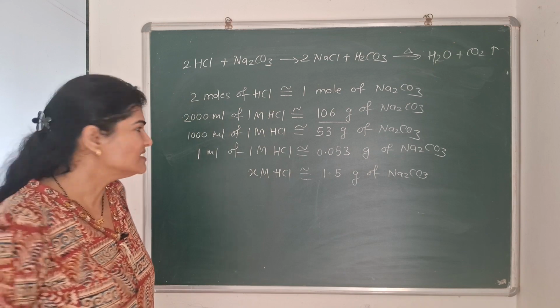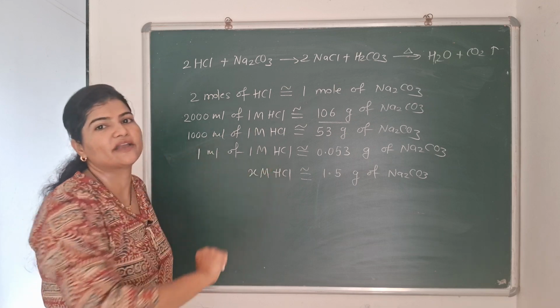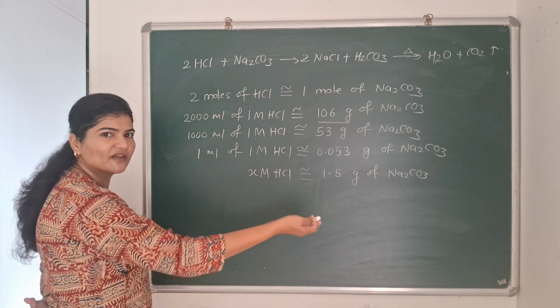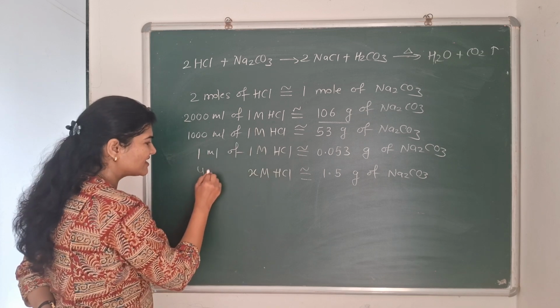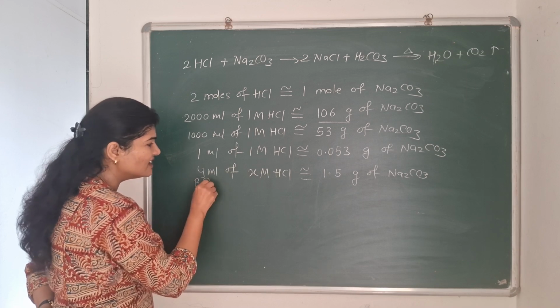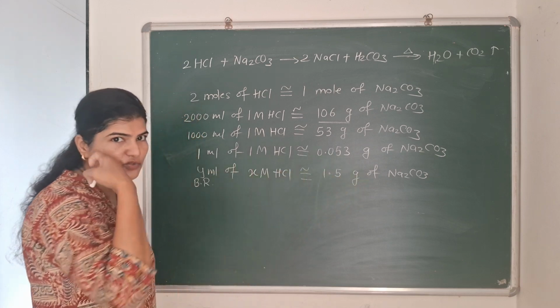And what I know is the volume of this HCl required, right? So the average burette reading, in that case we have said it is 25 ml for example. So Y ml, I will write Y ml, this is going to be my burette reading, of X molar HCl is equivalent to this much gram of sodium carbonate.